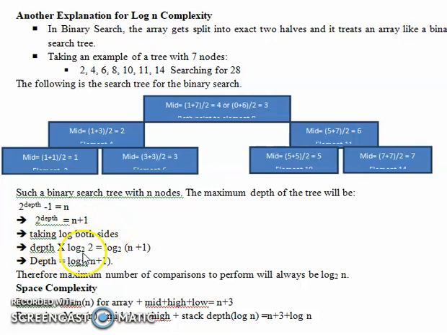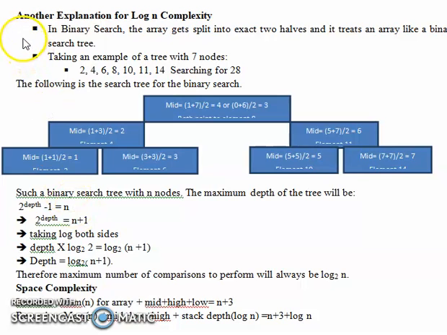So we have depth into log 2 equal to log 2 of n plus 1, and then we keep the depth here and take log 2 to the other side, and since log of 2 is 1, depth is equal to log 2 of n plus 1, which is the complexity of the binary search algorithm. So this is the intuitive way, and the decision method is also based on this particular intuitive method only.